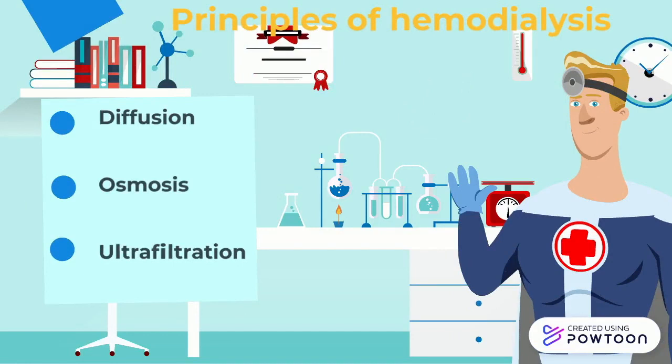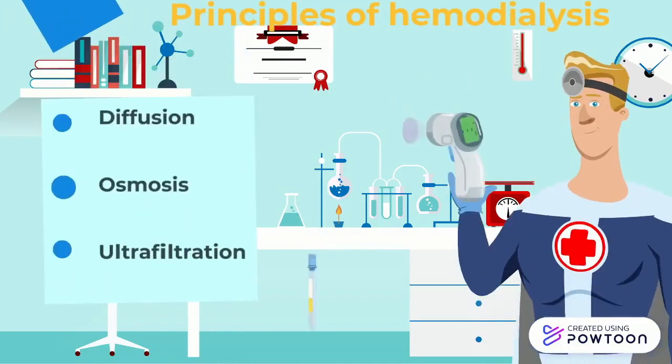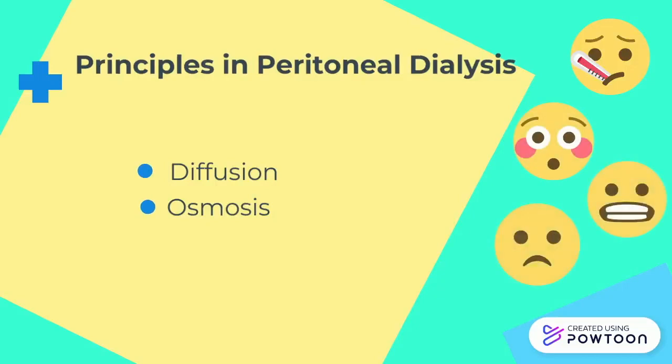Excess water is removed by osmosis, in which water moves from an area of greater solute concentration to a lesser concentration. And ultrafiltration. Ultrafiltration is water moving under higher pressure to an area of lower pressure. The force is necessary to remove fluid to achieve fluid balance. Same principles in peritoneal dialysis, we have diffusion and osmosis as well.